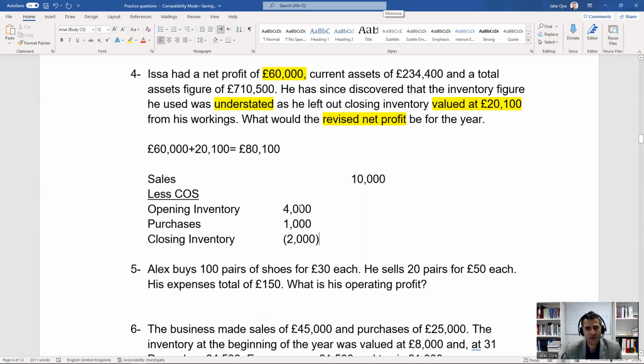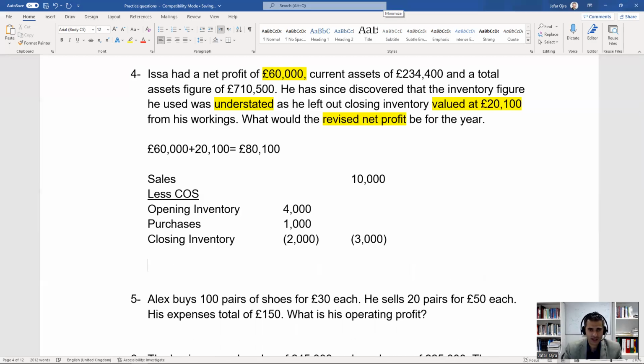So the cost of sales: 4,000 plus 1,000 equals 5,000, minus 2,000 equals 3,000. So the cost of sales equals 3,000, and the profit would equal £7,000. Why £7,000? Because sales of 10,000 minus 3,000 cost of sales makes 7,000 profit.